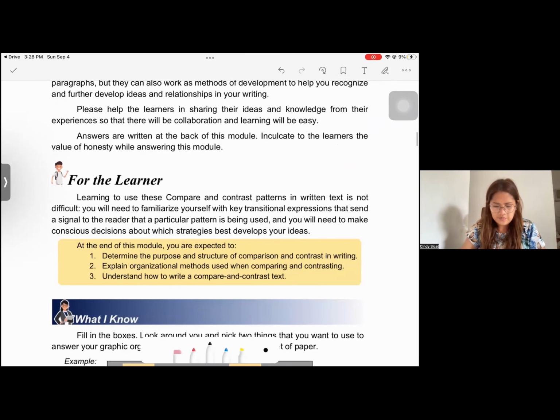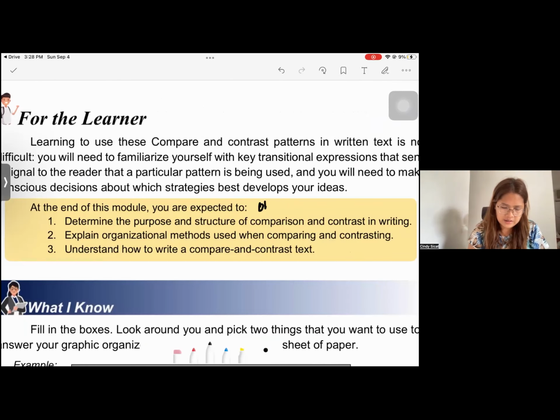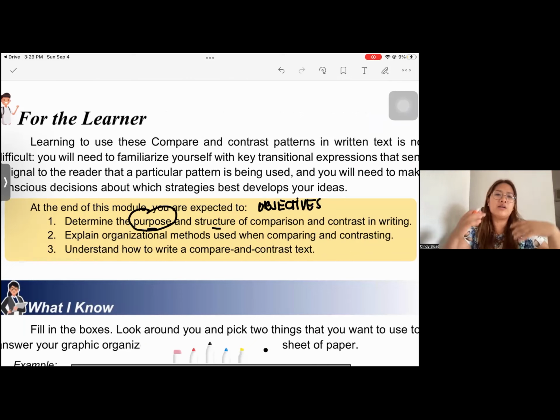The objectives that we have for this lesson is to determine the purpose and structure of comparison and contrast in writing. You have to identify what's the aim of the writing, or the comparison and contrast process in that particular written material.